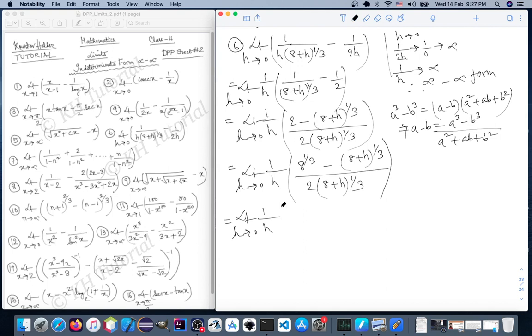So a cube minus b cube becomes, in the numerator, 8 minus this thing, and over here we already have this thing, and we need to add this term a square plus ab plus b square.